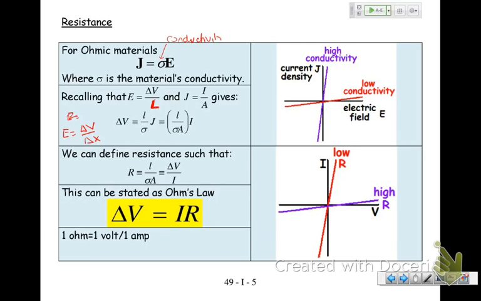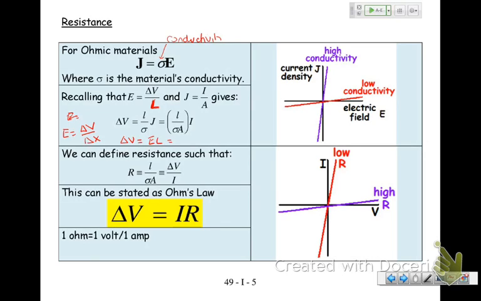And J is equal to I over A, so delta V is equal to EL. Delta V is equal to EL, I just got that from there.